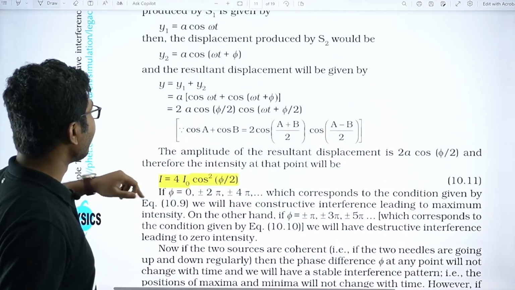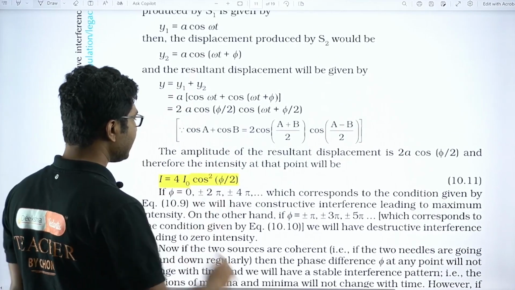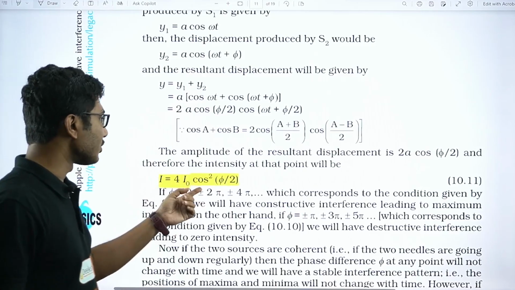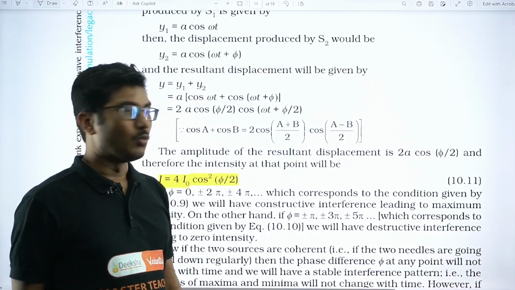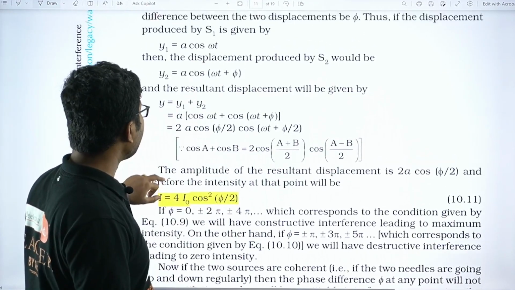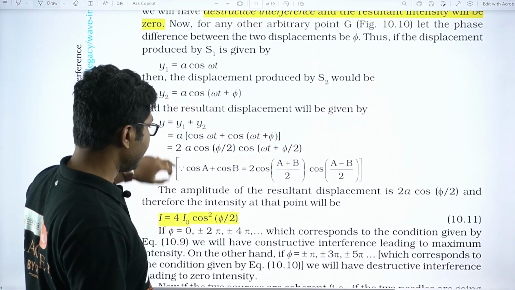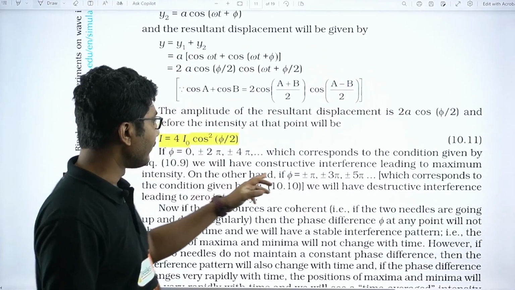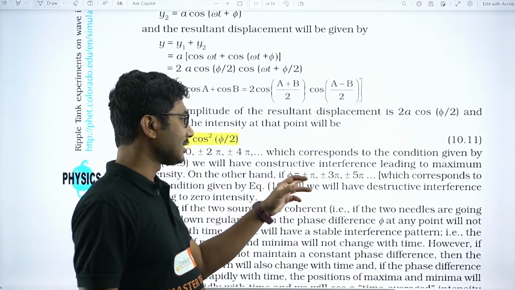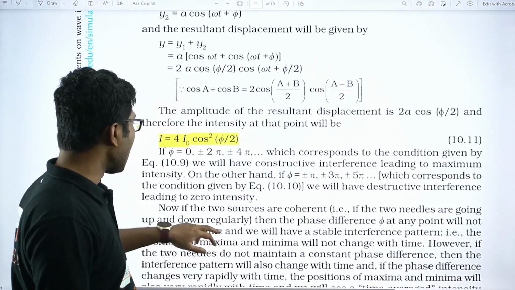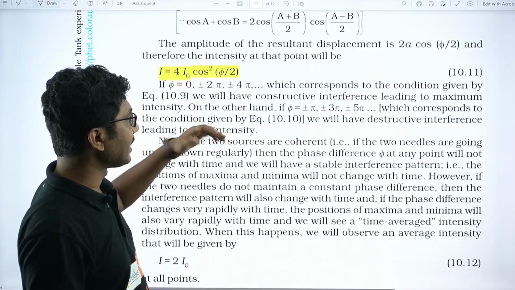So I was talking about phase difference. In terms of phase difference, the intensity can be given by 4I naught cos square phi by 2. Okay, and the relationship between path and phase difference we will see somewhere. So the phase difference can be plus minus pi, plus minus 3 pi, plus minus 5 pi, which corresponds to the condition given by the equation, and we will have destructive interference.